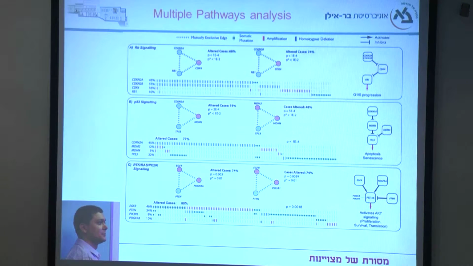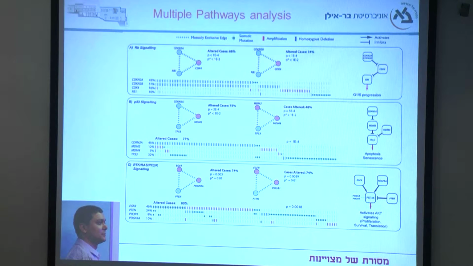What we are trying to do is to somehow, in a broader sense, summarize overall what is happening in a patient and try to derive from this a therapeutic regimen. So, for instance, what Raj Geyer, a PhD student of mine, has done with these 238 glioblastoma patients is to look for recurrent occurrence of a mutation or some genetic lesion in one or any of the members of the same pathway.